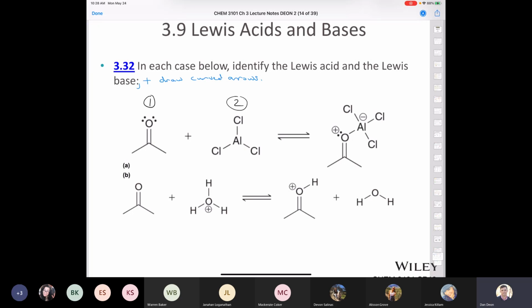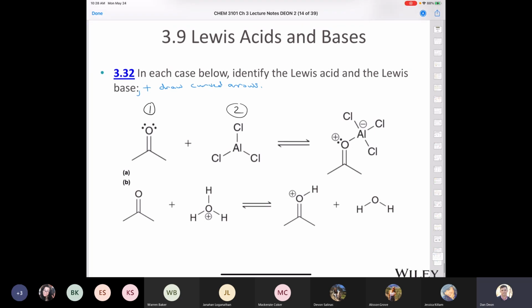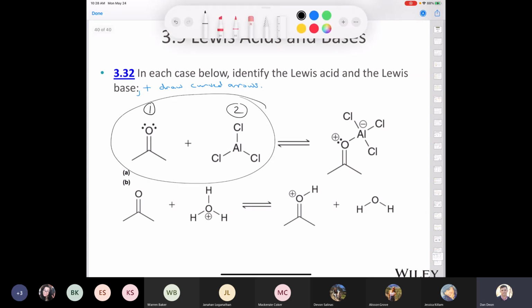Anyhow, yeah, so let's take a look at this first one. So this is 3.32a. If I call these two species here 1 and 2, could anybody identify which one is the Lewis acid? And it's not a trick question. Yeah, it's the second one that's the Lewis acid. Why? Because it's the electron acceptor.